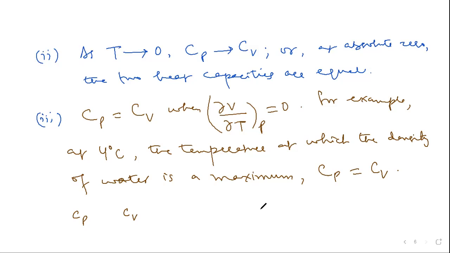Now, to get the equation connecting these two things, that is specific heat capacity at constant pressure and specific heat capacity at constant volume, with measurable quantities, we can get that equation.